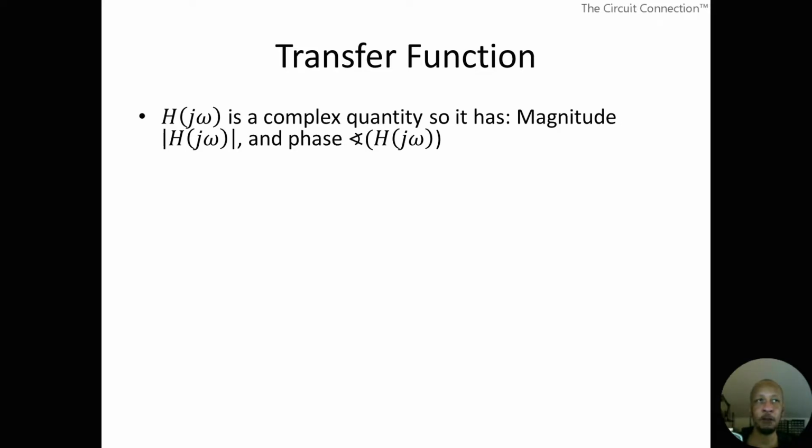But the rectangular form with the real part and the imaginary part still contains that data, obviously, because you go from rectangular form to polar and vice versa, or you go into the exponential form. Those are your three forms. The phasor notation is the absolute value of H of JW, followed by your angle symbol and then your phase angle, which is phi.